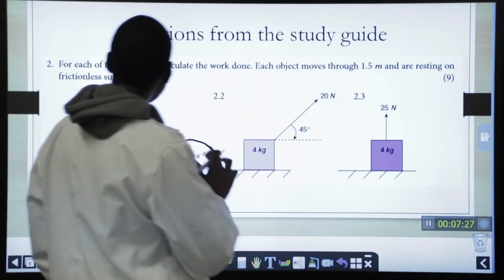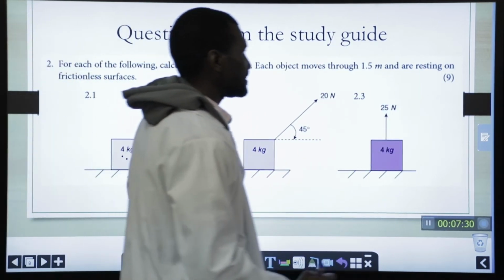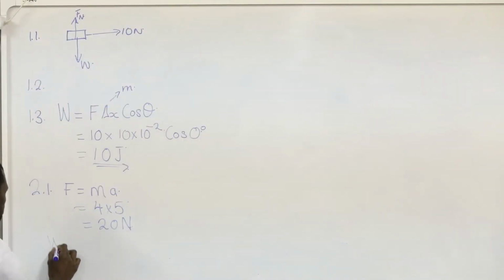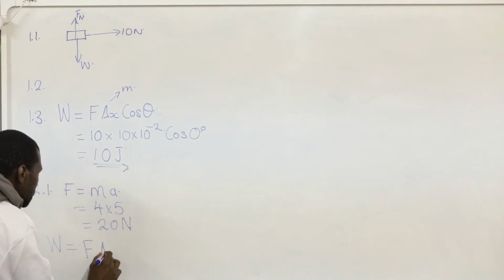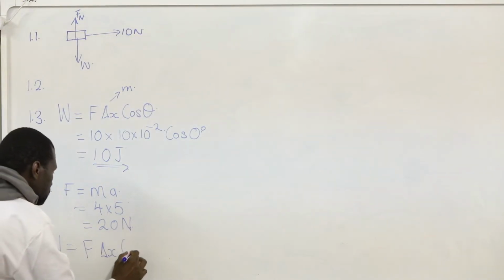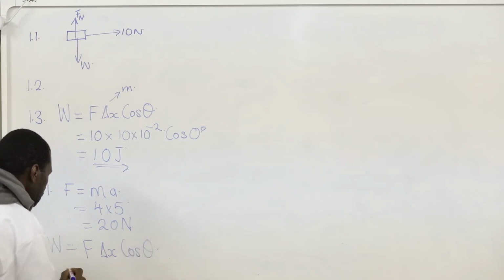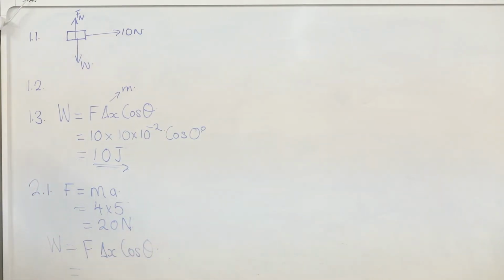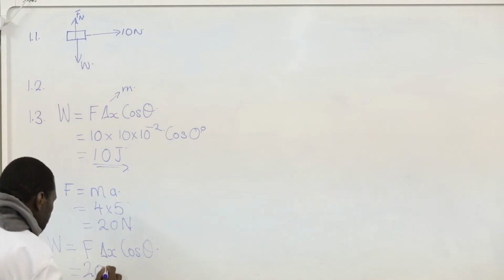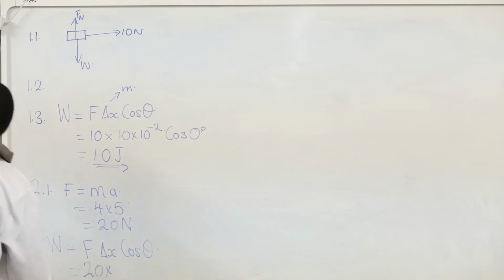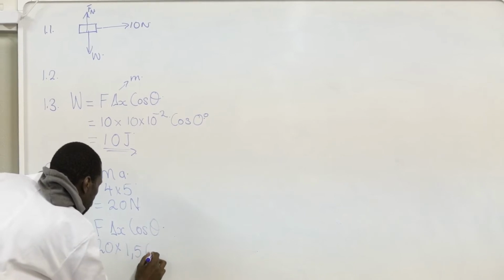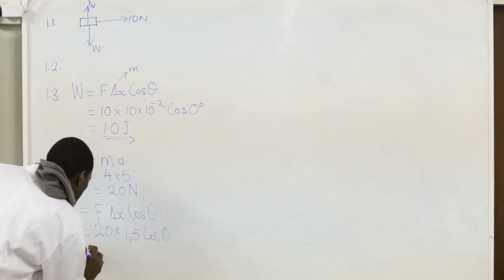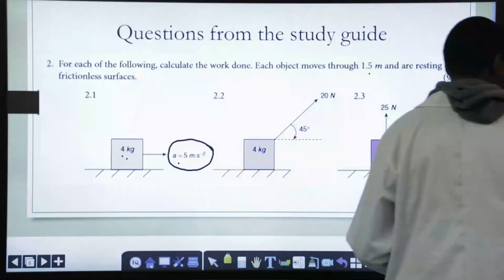Now, for me to come up with the answer of the work done in this instance, W is equal to F multiplied by change in x in meters times cos of the angle between F and change in x. All right, so my force is 20 multiplied by change in x, 1.5 meters, multiplied by cos 0, because they are parallel.